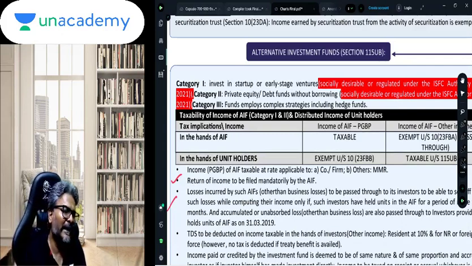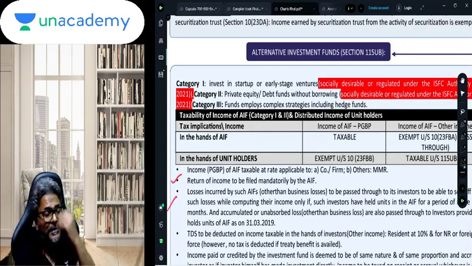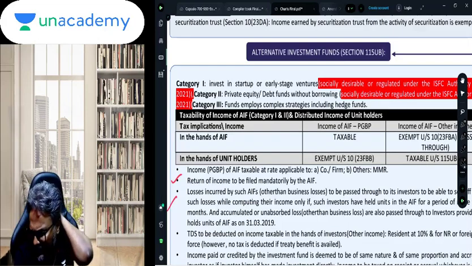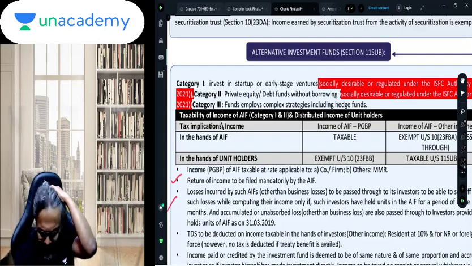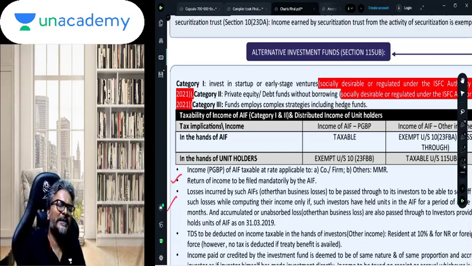Now, if the AIF is registered as a trust, then this trust would be considered to be a private trust, and the rate of tax would be 42.744%. 42.744% would be the rate of tax so far as this particular AIF is concerned.